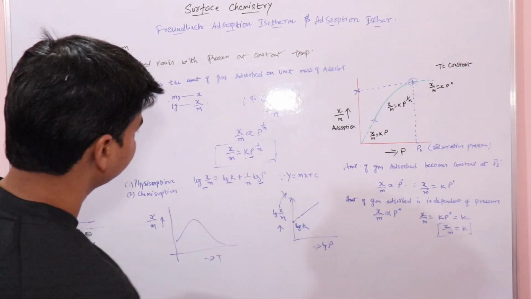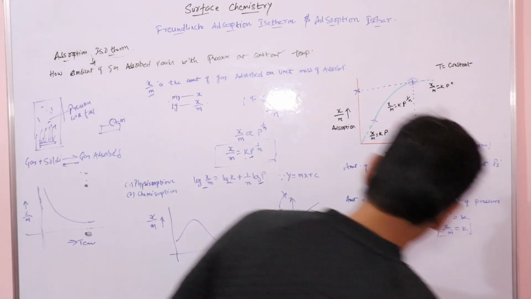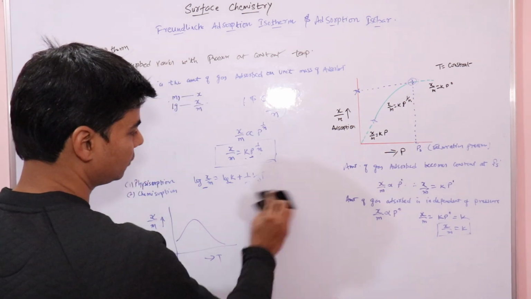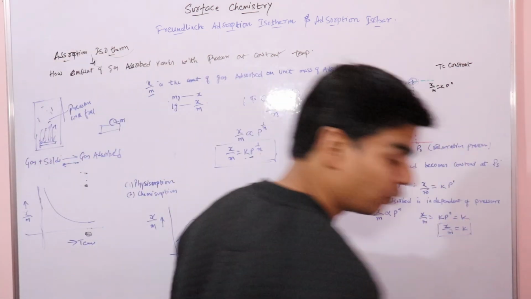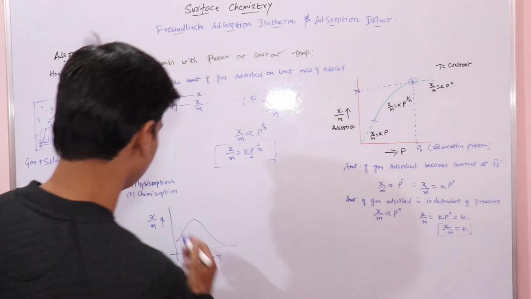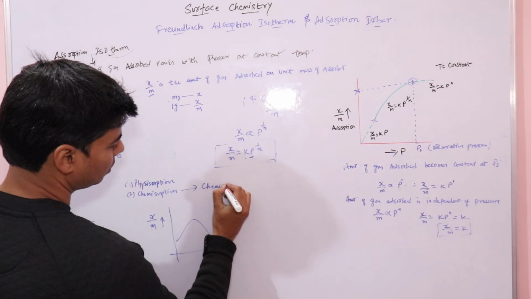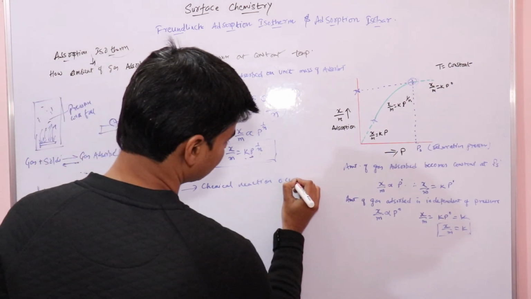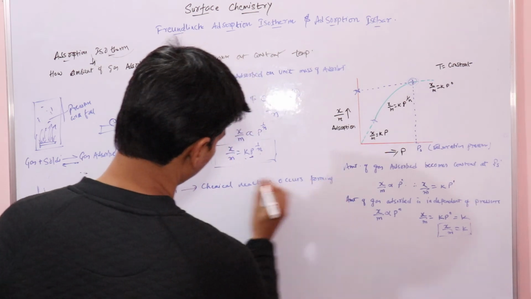What is chemisorption? Chemisorption is when a gas that gets adsorbed on the surface of a metal forms a chemical bond with the metal, that is, it undergoes a chemical reaction forming a bond.